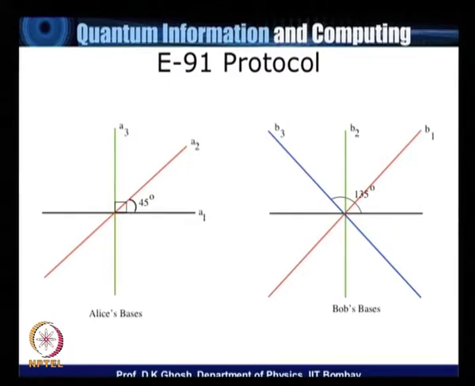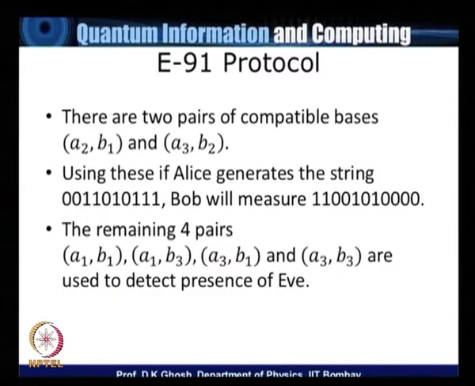So look at A2, which is shown there, and B1 is shown there. So in this case, whatever Alice sends, Bob will measure the complementary bit. Now that still leaves us with 4 pairs, A1 B1, A1 B3, A3 B1 and A3 B3.